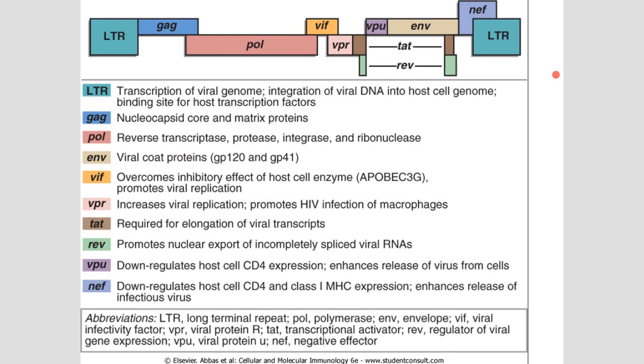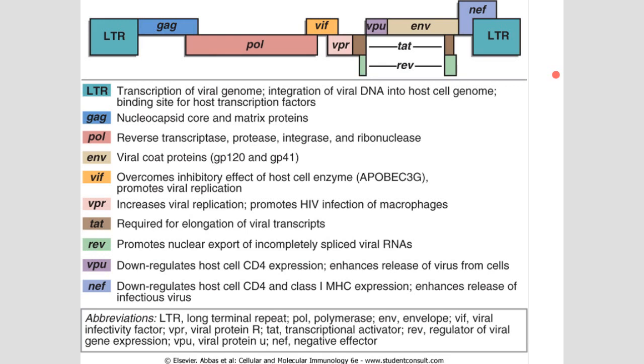Viral envelope proteins. Remember, I said there are two important proteins exhibited on the outside, a globular one, GP120, and GP41. And then we have VIF, which overcomes the inhibitory effect of host cell enzymes.